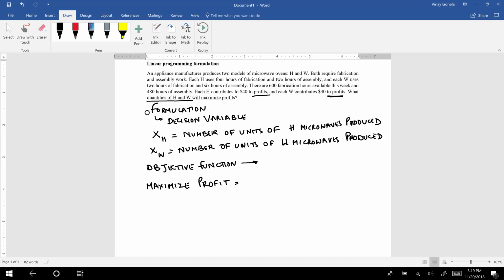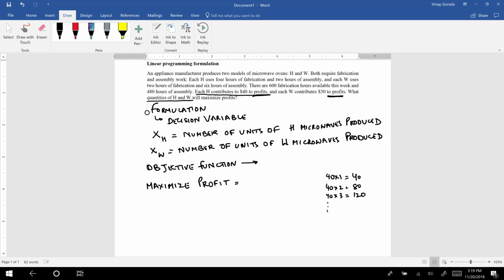If you see, they say each H contributes $40 to profits. So if each one of them contributes $40, if I produce one unit, I will make $40 profit. If I produce two units, that's 40 multiplied by 2, I will make $80 profit. If I produce 3 units, I will make 40 multiplied by 3, $120 of profit, and so on.